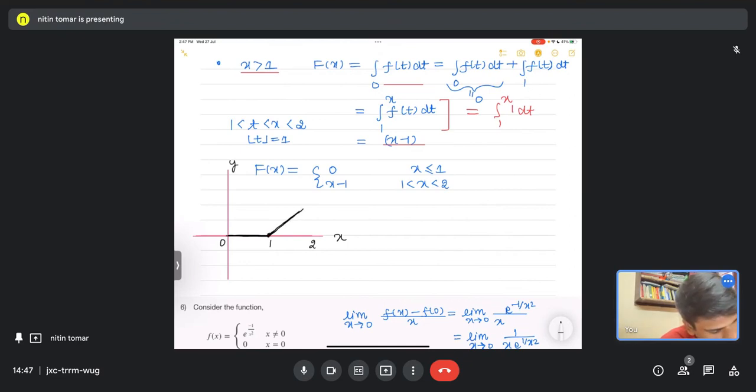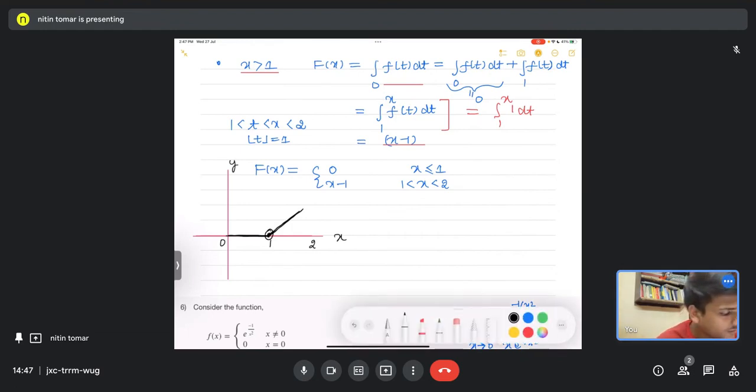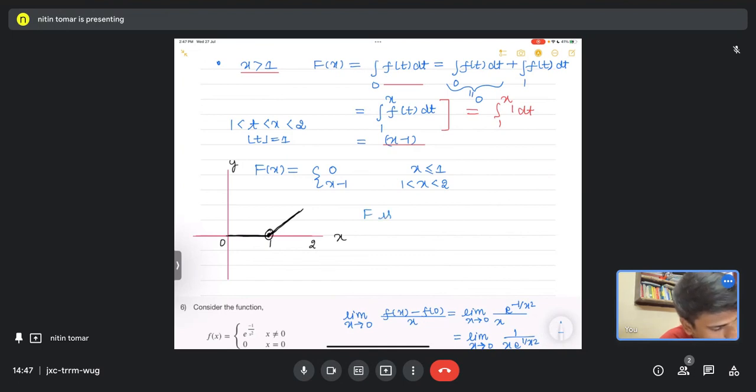So at this point it is not differentiable, and by definition also one can check. So this F is not differentiable at x equal to 1.